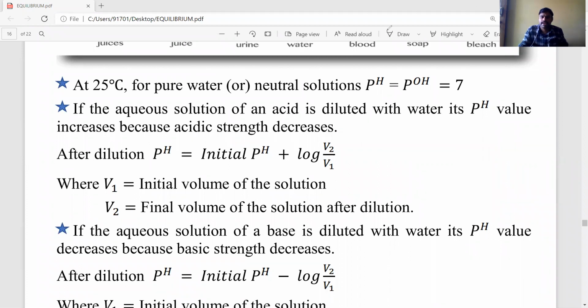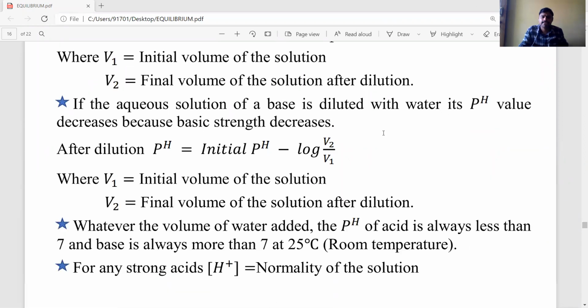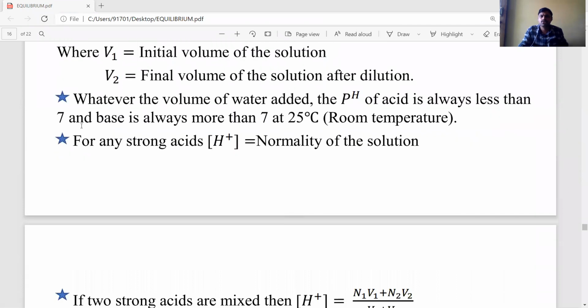Next point: by dilution of acids and bases, whatever volume you add, the pH depends on how much you dilute either acids or bases. The pH of acids is always less than 7.